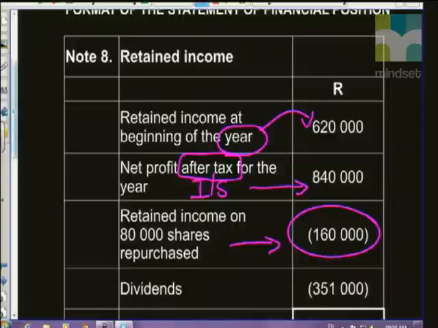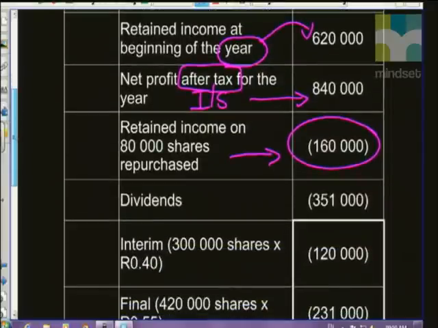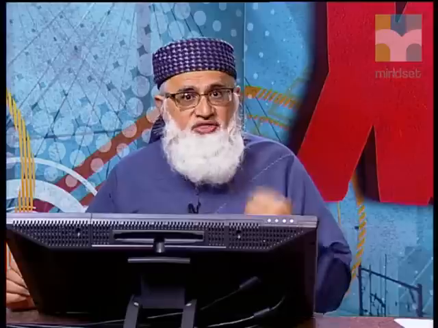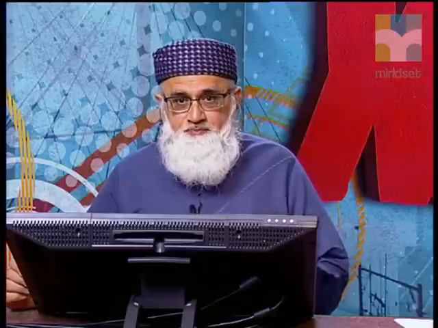Then what do I bring in? I now bring in my dividends. Remember, the dividends are two. Normally in a company, we have the interim dividend, which is declared during the financial year, right? Obviously, the question will lead you on as to how the interim dividend needs to be calculated, or the information may be given to you.